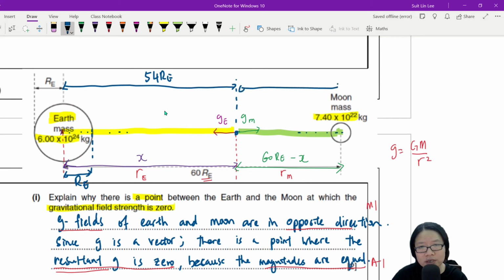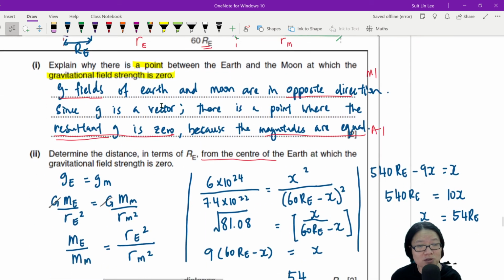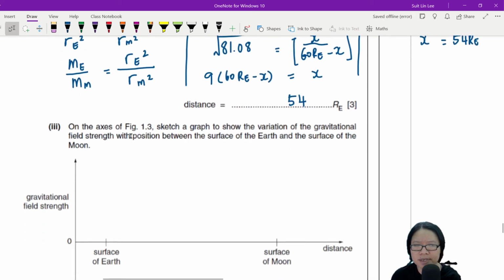Meaning here to here, obviously not drawn to scale, will be 6 RE. About 10%, you'll be closer to the moon. The moon has a smaller mass, so for the fields to be comparable, I need to be closer to the smaller mass. All right, so it makes sense. If you get something that is really small, then something is off.